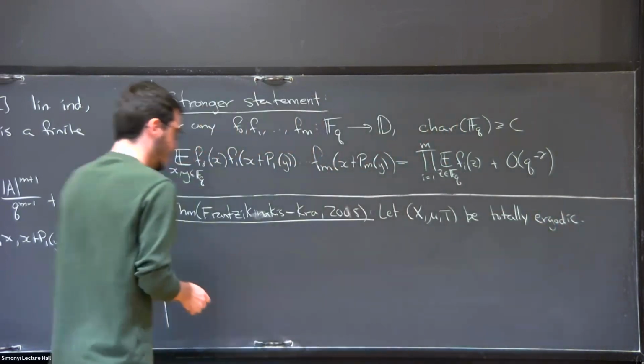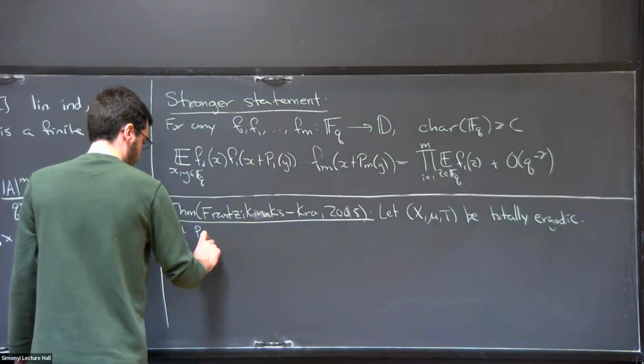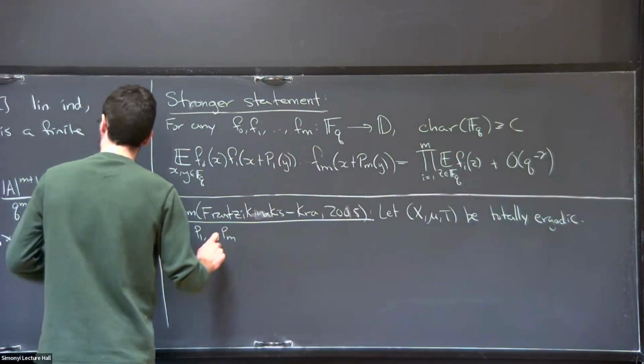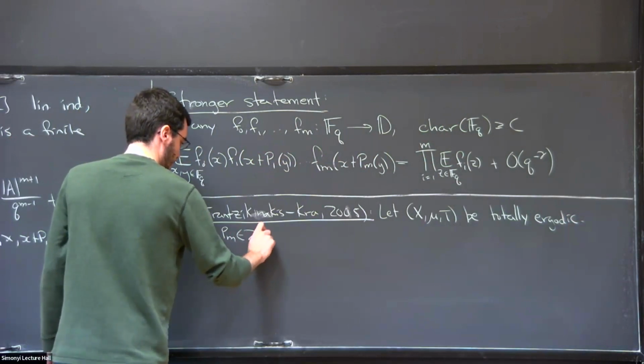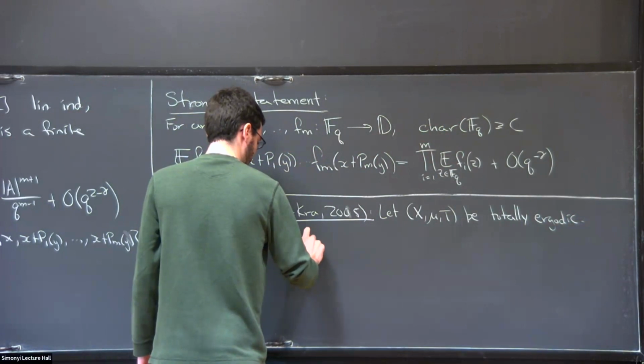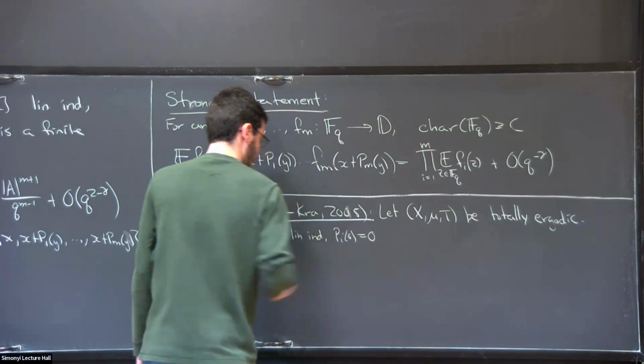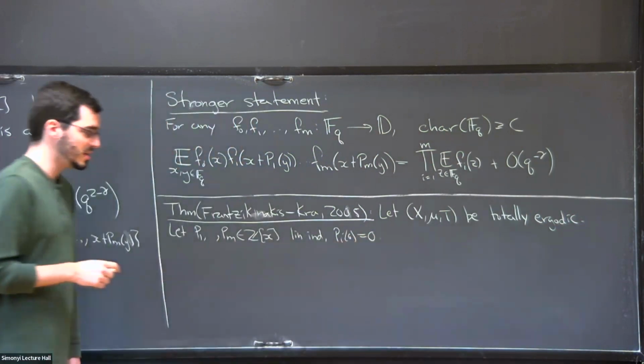We take a totally ergodic system, and I'll take polynomials as I did here, linearly independent. And for now, I'll stick with this assumption that they have 0 constant term.